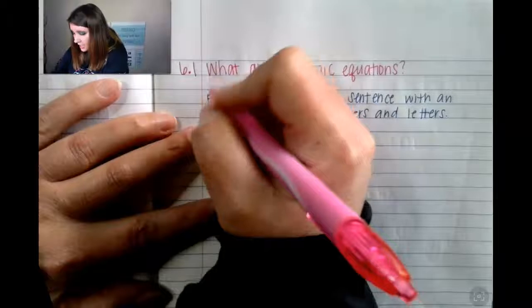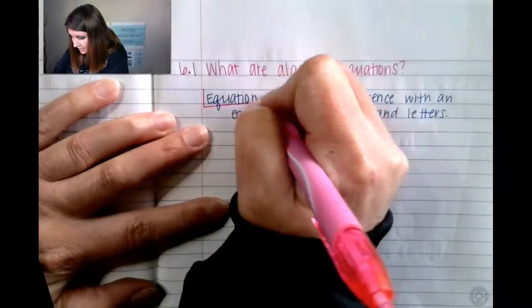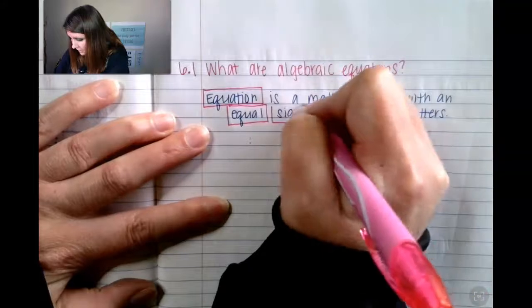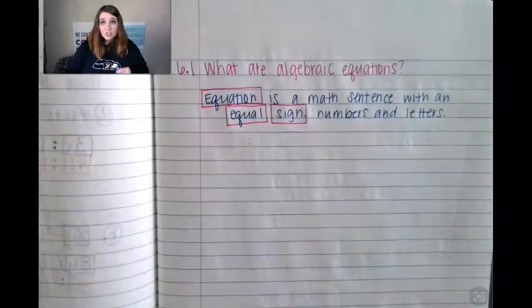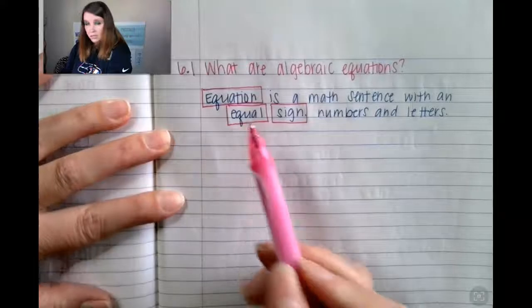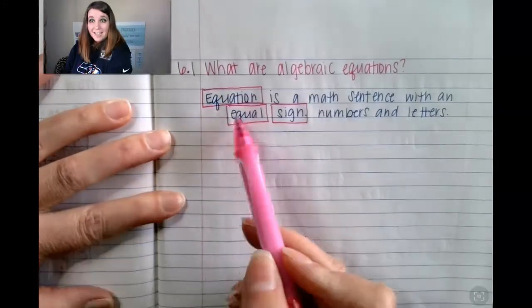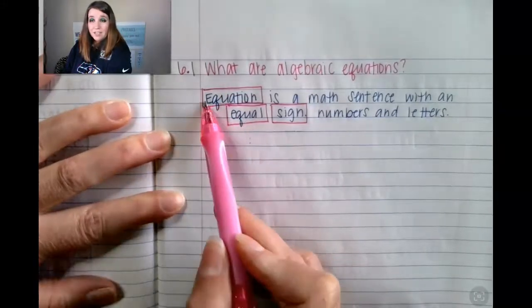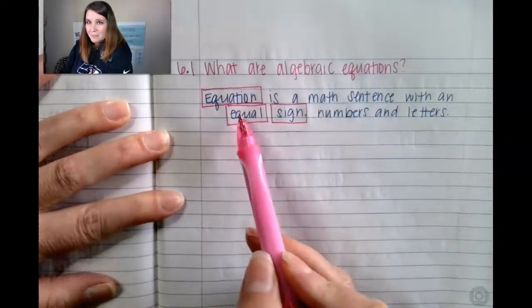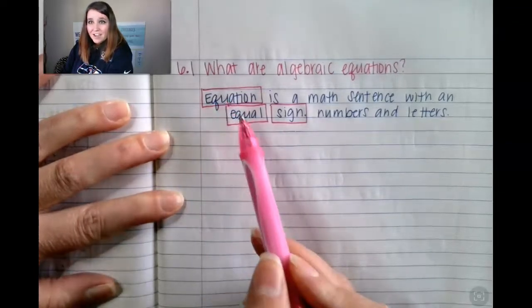So equations have equal signs. And I like to remember this because equations, equal sign. Look how they start. They start the exact same. Isn't that crazy? Look, they like match.